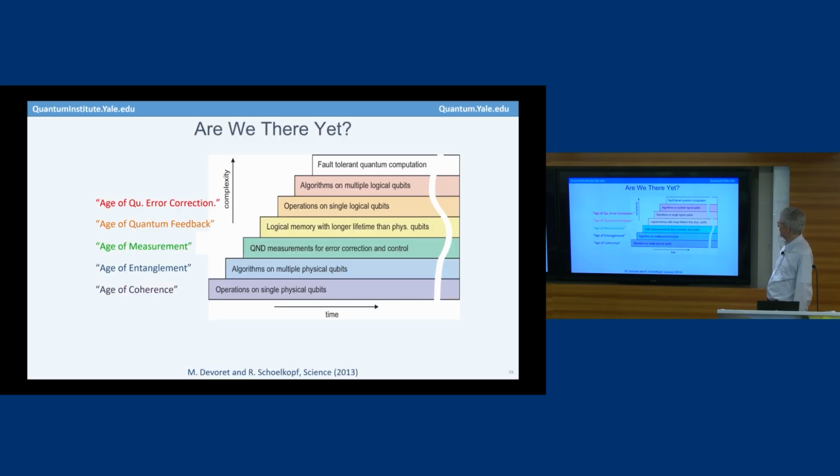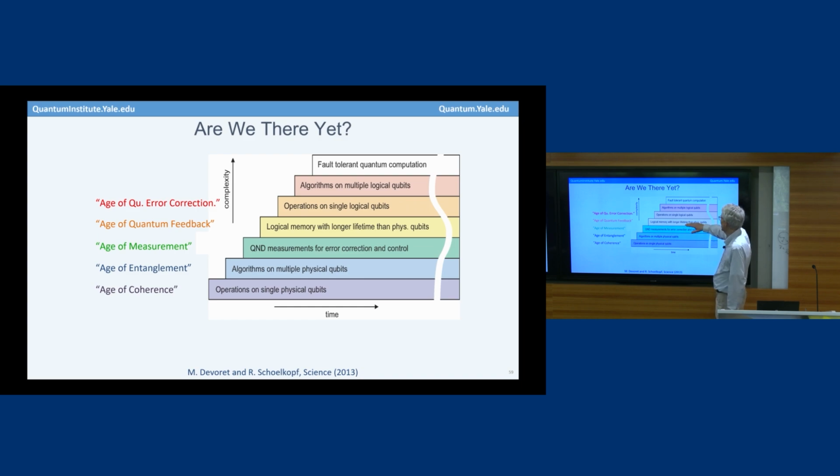Okay, so are we there yet? Well, there's sort of this stairway to fault-tolerant quantum computation, and we've learned how to make work on multiple physical qubits, make very accurate measurements and control.